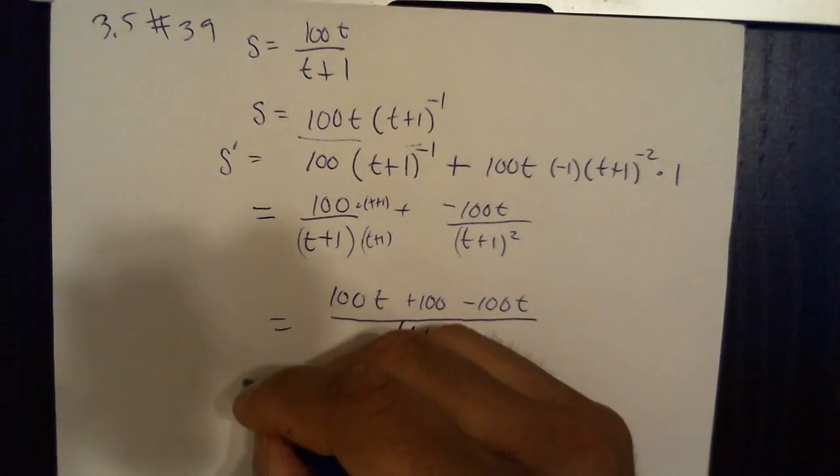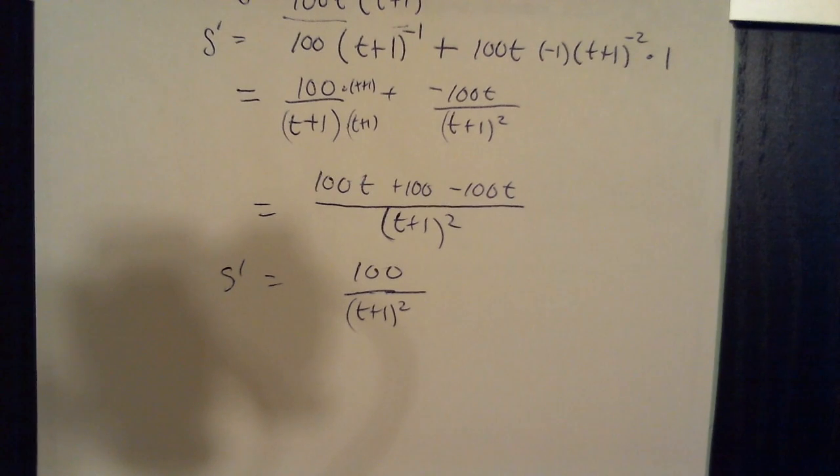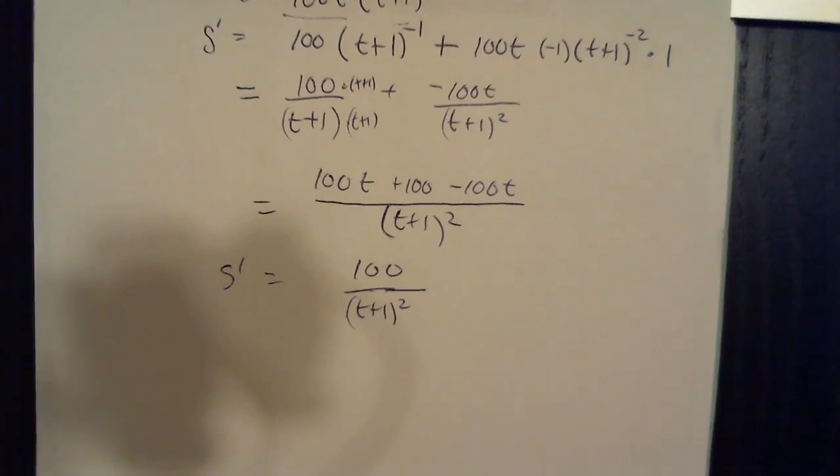And that would be my velocity function. Okay, so the next thing it says to graph the velocity of the function and give a description of the motion of the marble.